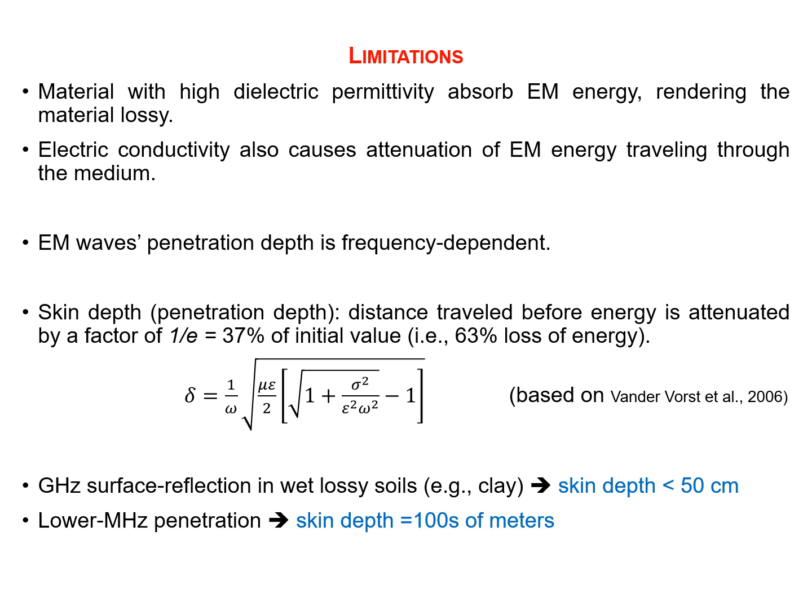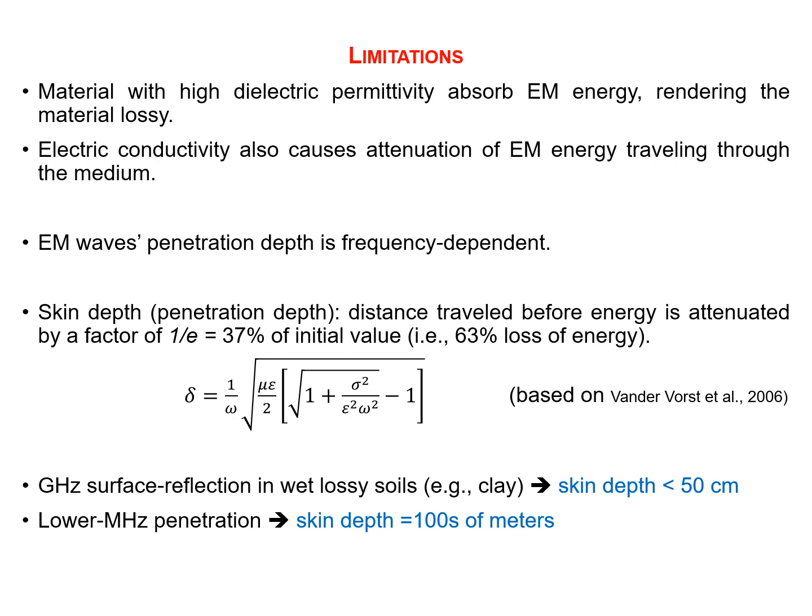As any other method, electromagnetic waves have their own limitations. For example, materials that have high dielectric permittivity or high electrical conductivity are lossy, or absorb EM energy. Hence, the penetration depth of electromagnetic waves would be limited by soil properties and hence frequency dependent.